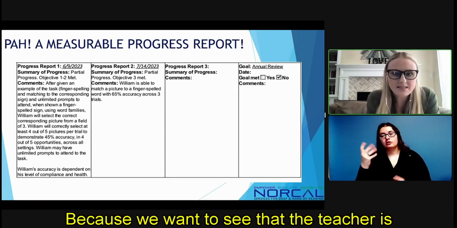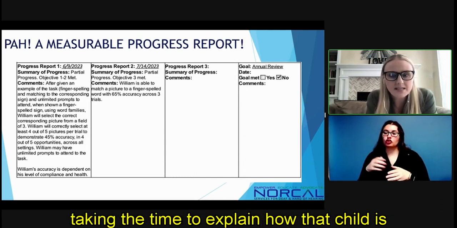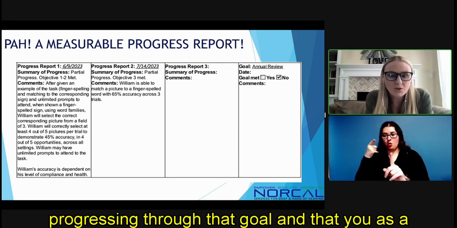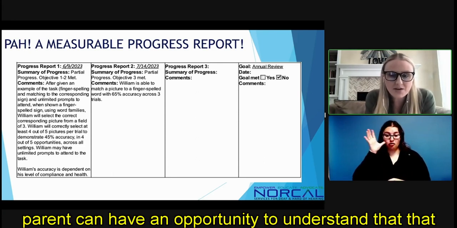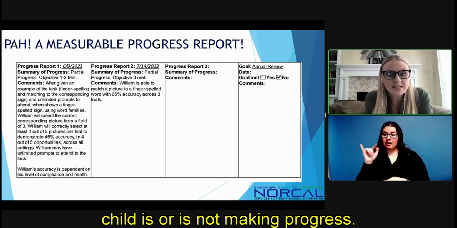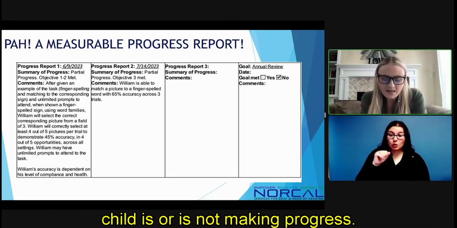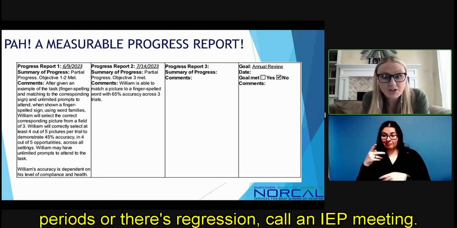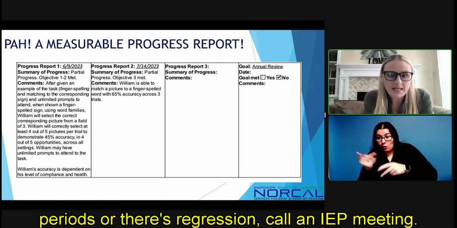Because we want to see that the teacher is taking the time to explain how that child is progressing through that goal, and that you as a parent can have an opportunity to understand that that child is or is not making progress. If there's no progress across multiple progress reporting periods, or there's regression, call an IEP meeting.